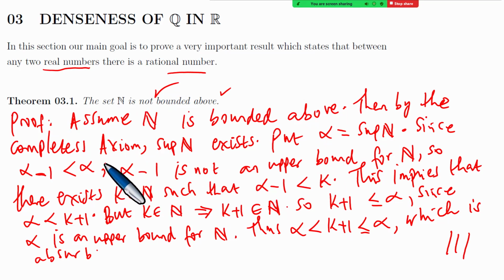Then by the completeness axiom, which is the LUB property, if it is bounded above, then it has an upper bound, a bound that is above everything. Which means a supremum exists.